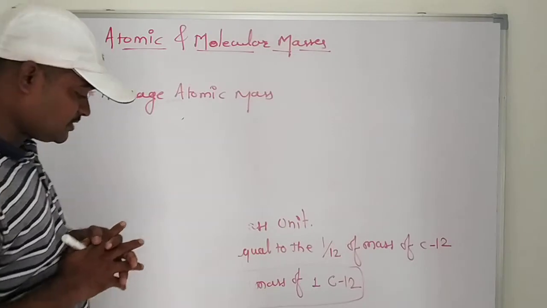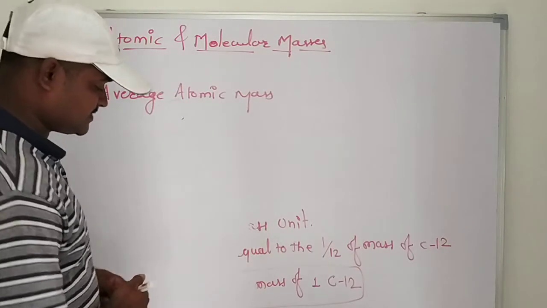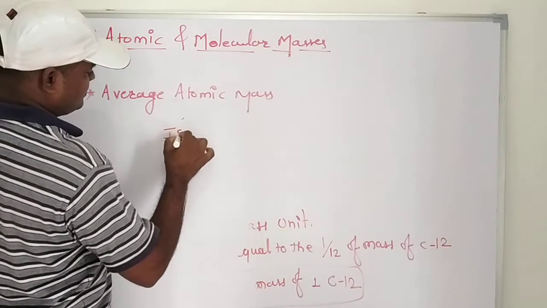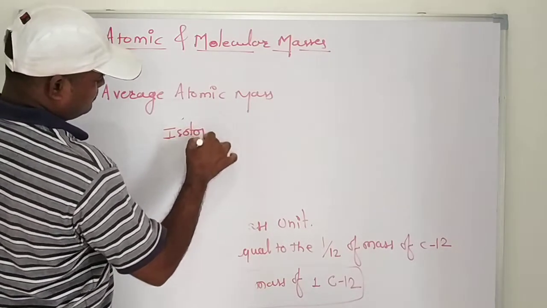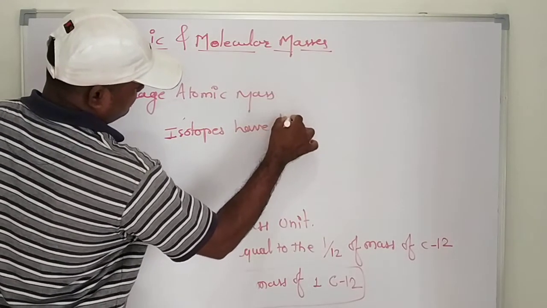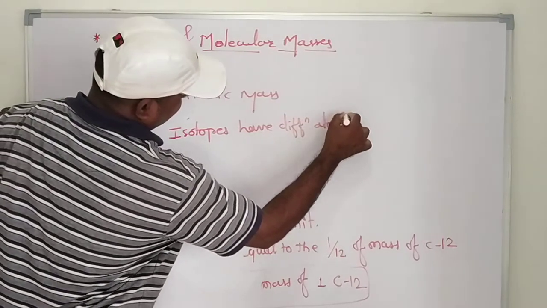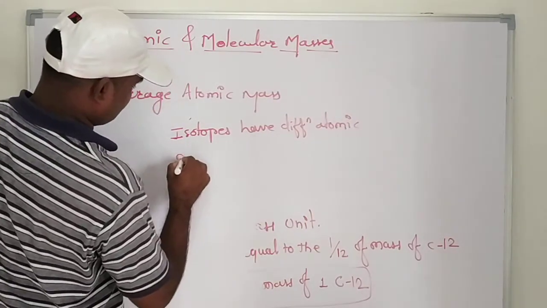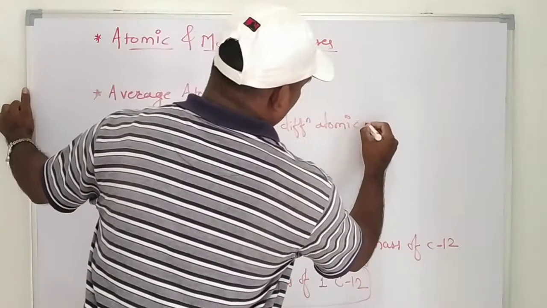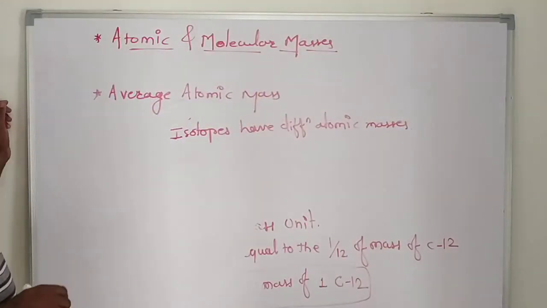So students, in continuation, isotopes have different atomic masses and the same atomic number.